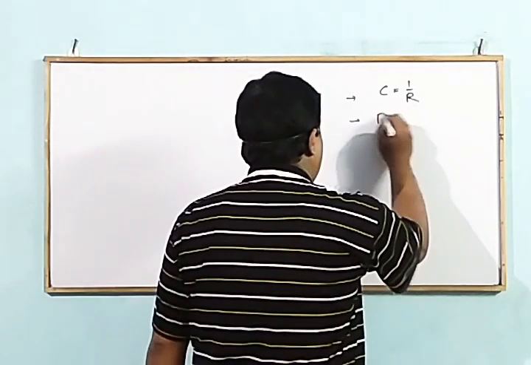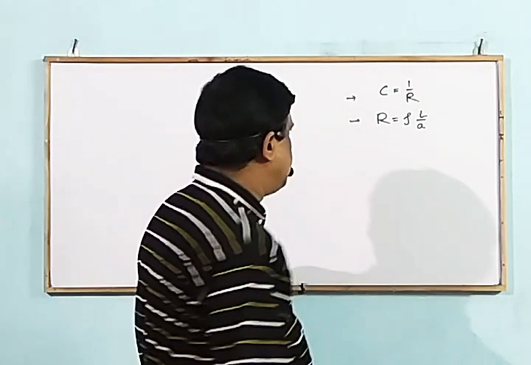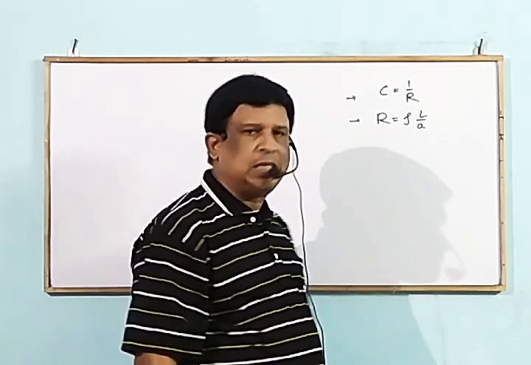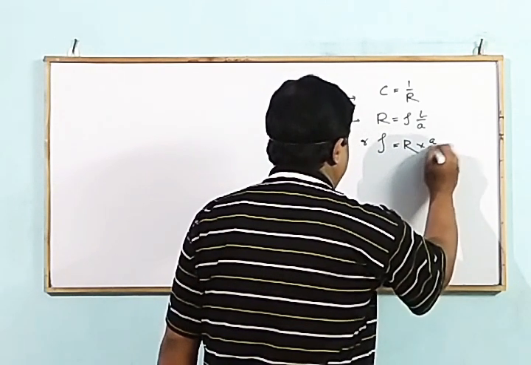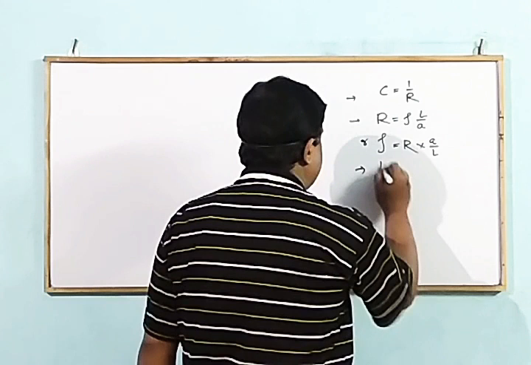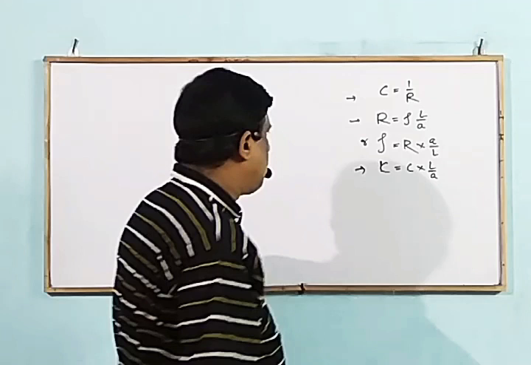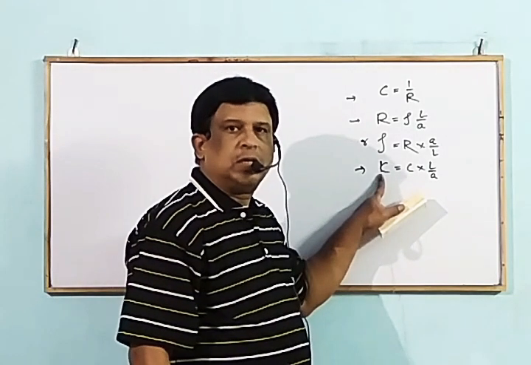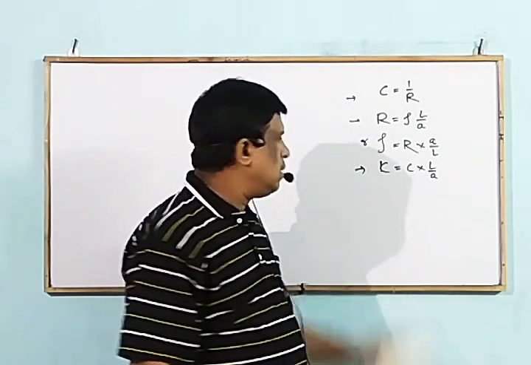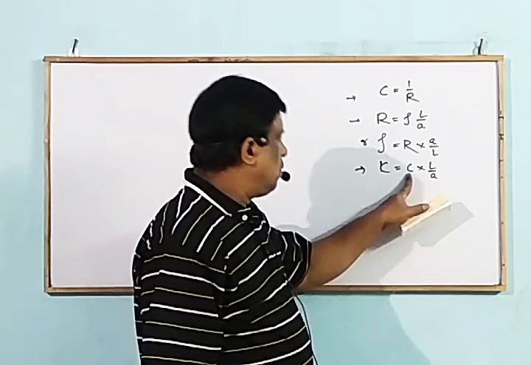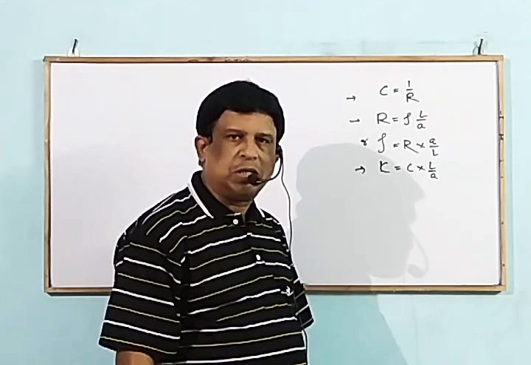Next, R is equal to rho into L by A. Rho is a proportionality constant known as specific resistance or resistivity, or rho is equal to R into A by L. Next, kappa is equal to C into L by A, where kappa is another constant known as specific conductance, which is the reciprocal of specific resistance. C is the conductance, and L by A is another constant known as the cell constant.